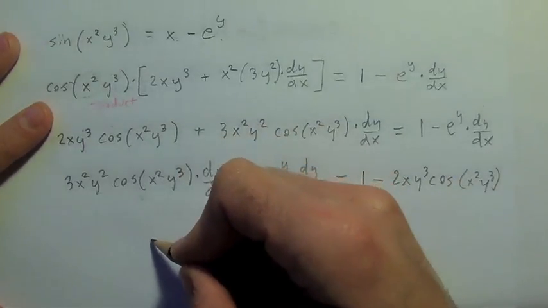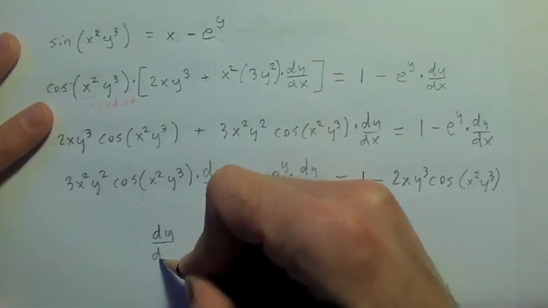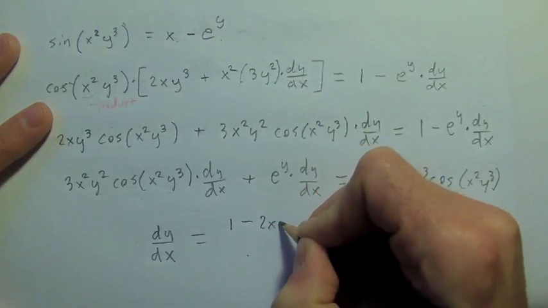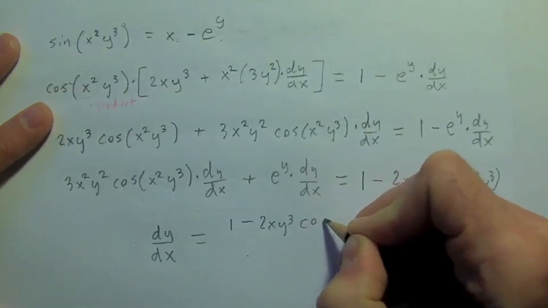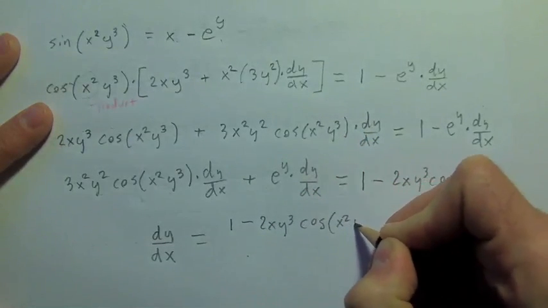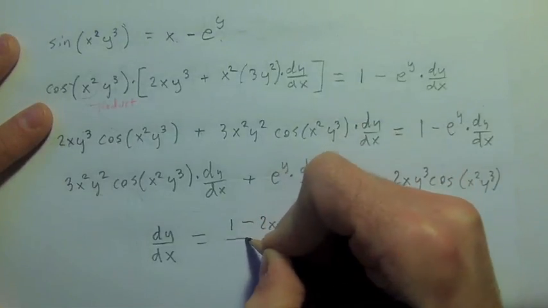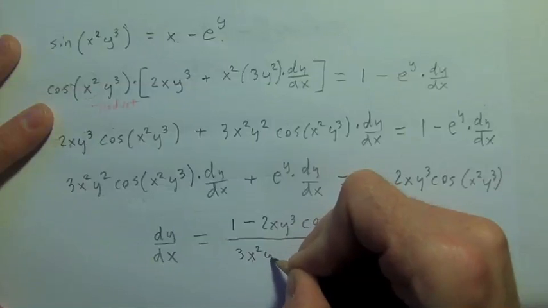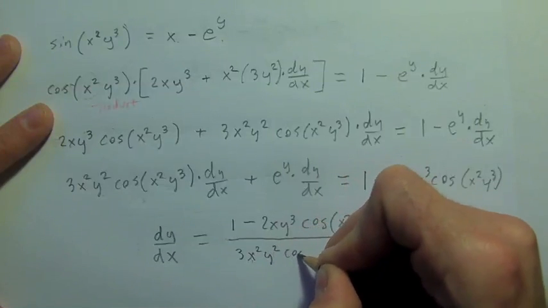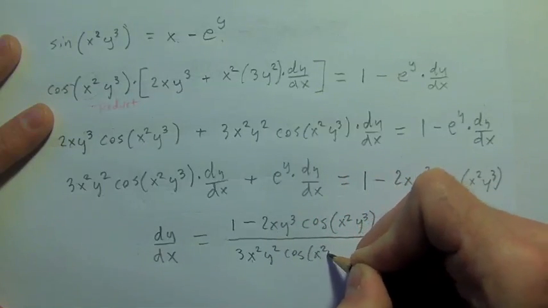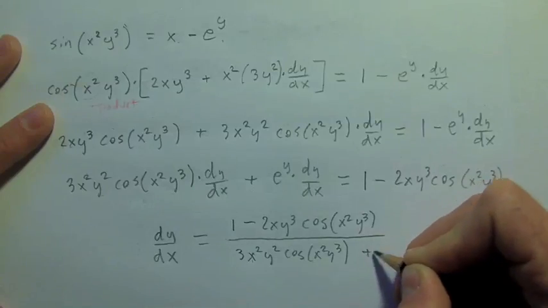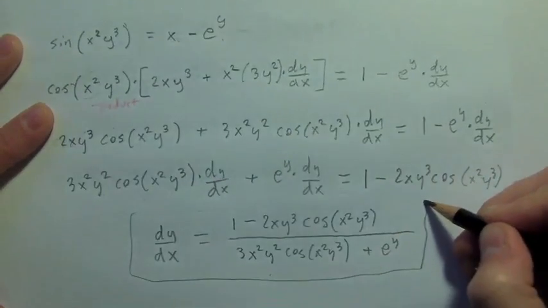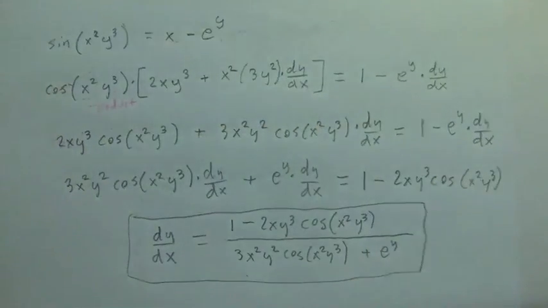So this is going to end up being dy over dx is equal to 1 minus 2xy cubed cosine of x squared y cubed, all over 3x squared y squared cosine of x squared y cubed plus e to the y on the denominator, and whew, there we go. That is the final answer.